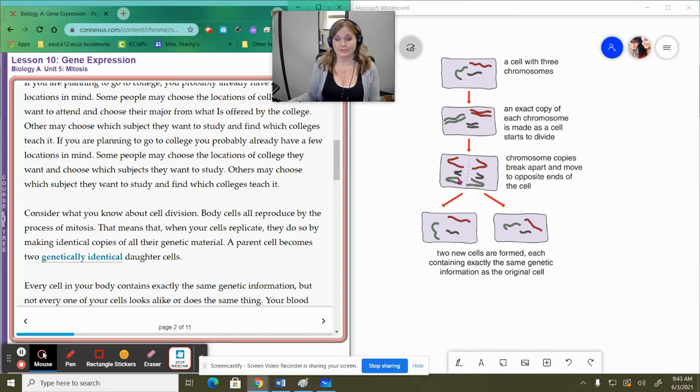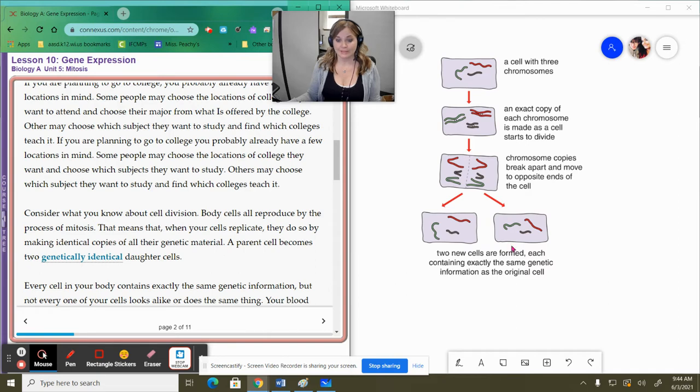So once it goes through the process of mitosis, the sister chromatids separate, half going to either side of the cell, which isn't divided yet at this point. The 2 new cells that form each have 3 chromosomes, just like the original did. These 2 cells are genetically identical to each other and to the original.